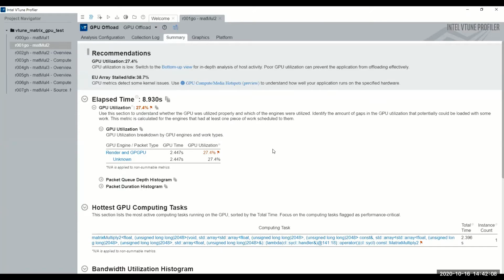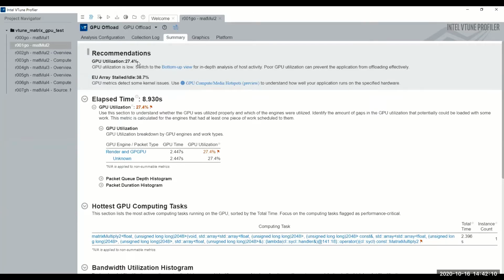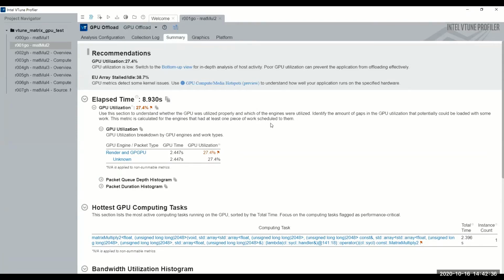There are some recommendations that for this particular workload, GPU utilization is quite low, and you need to find out why there's poor GPU utilization for this app. There are also some additional insights on the execution units array inside the GPU, which are stalled almost 40% of the time when busy, waiting for data from memory.